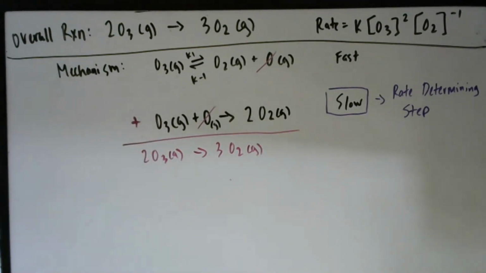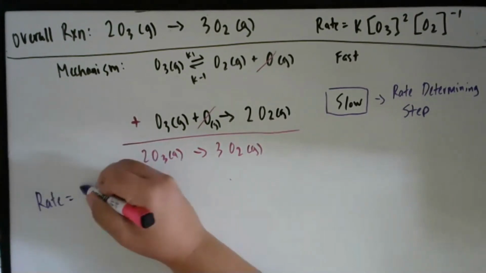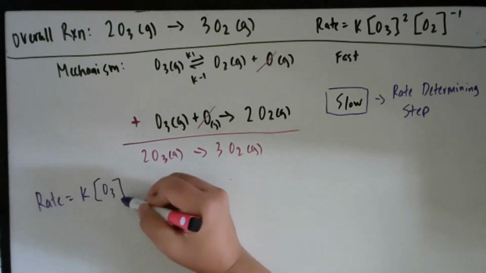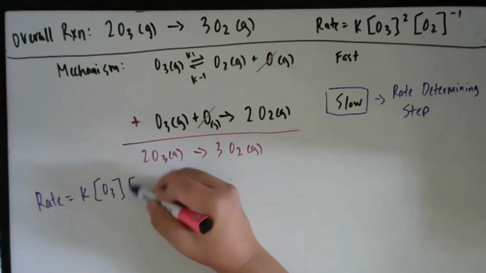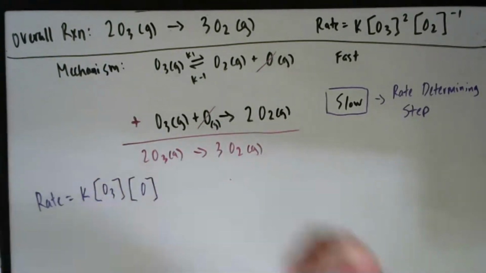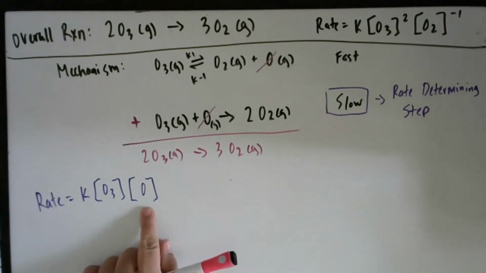Okay. So according to our slow step, our rate law should be rate equals K times the concentration of O3 times the concentration of O. Now the problem with this rate law though, is that it contains this singular oxygen here.